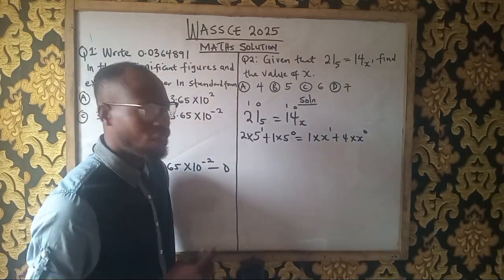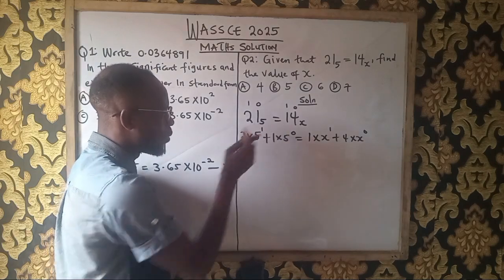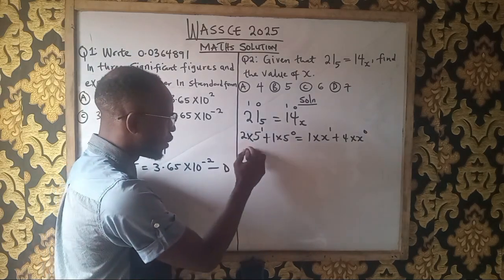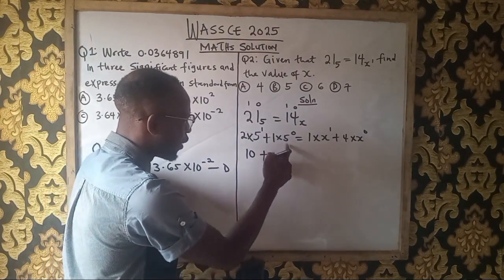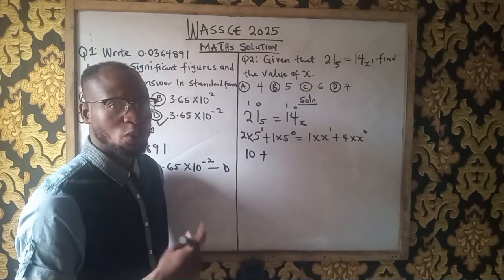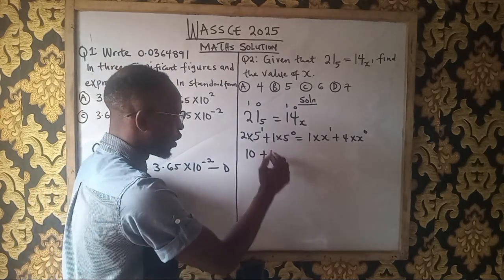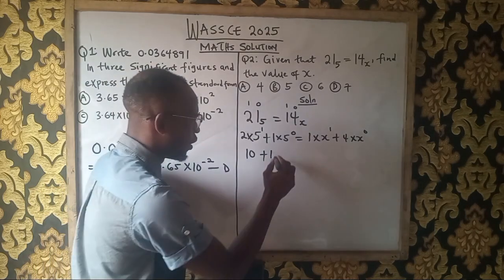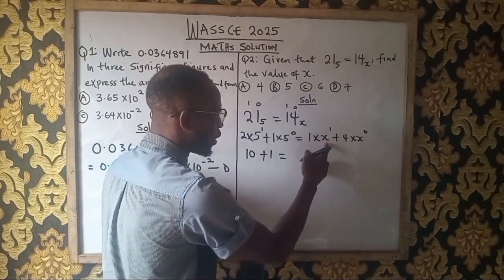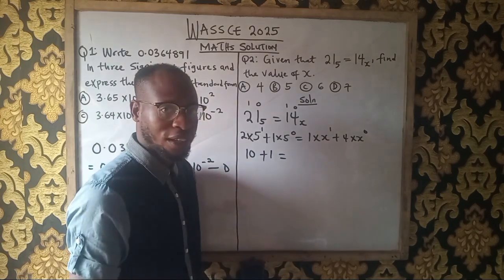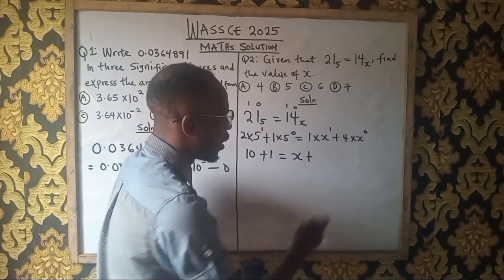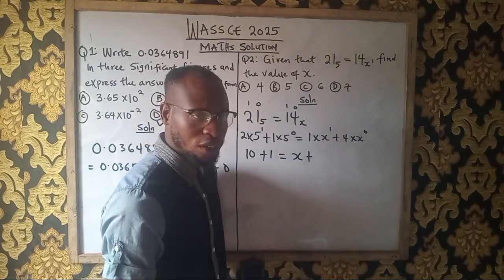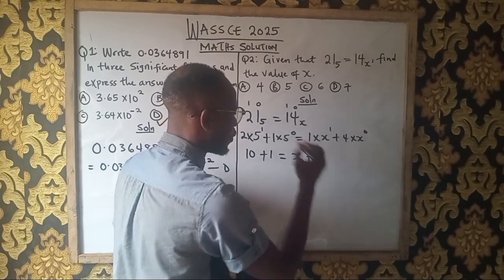Do you understand that? After that, 5 raised to power 1 is 5. 5 times 2 is 10. Plus 5 raised to power 0. Anything raised to power 0 is 1, so 1 times 1 will still give us 1. Then x raised to power 1 is the same thing as x, so x times 1 is x, plus x raised to power 0 is also 1, and 1 times 4 is 4.